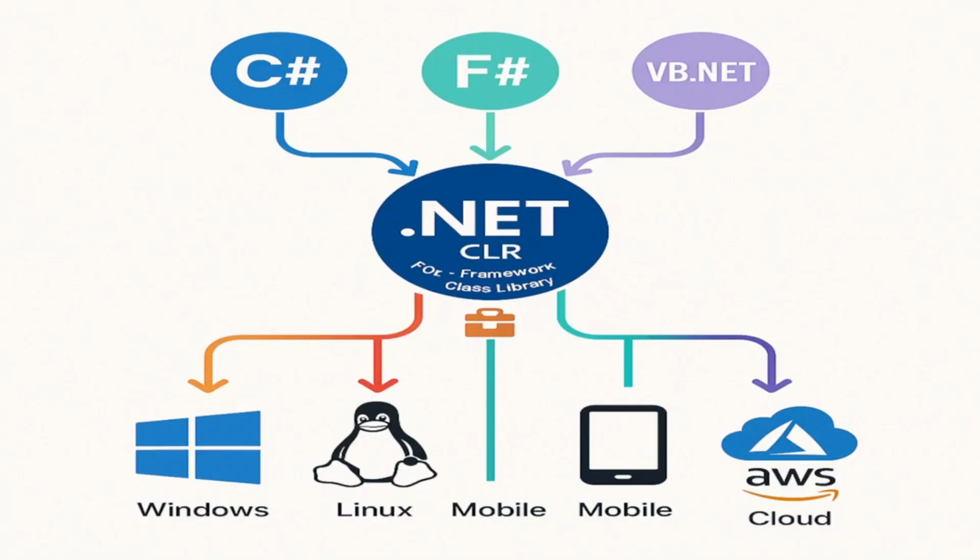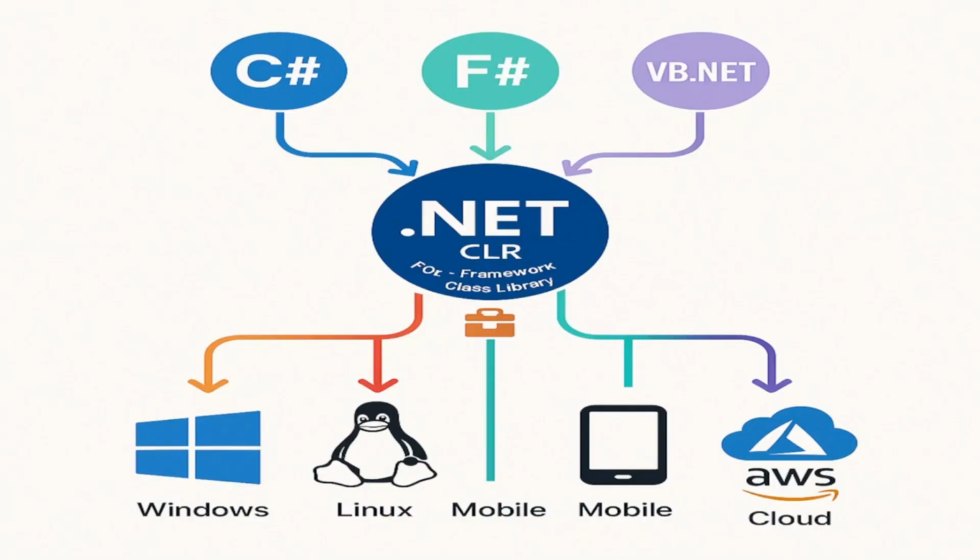And since we are talking about C Sharp, there is no way we can not talk about .NET. So C Sharp is the primary language for building applications on the .NET platform. The .NET platform provides a massive library. Basically, think of it as a huge toolbox of pre-built code for almost anything you can imagine.